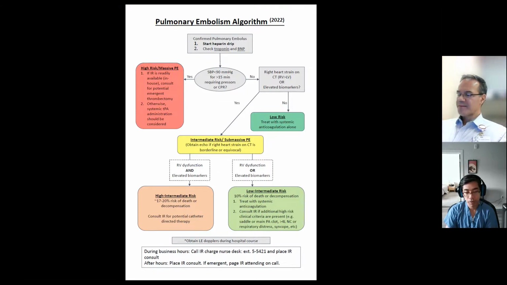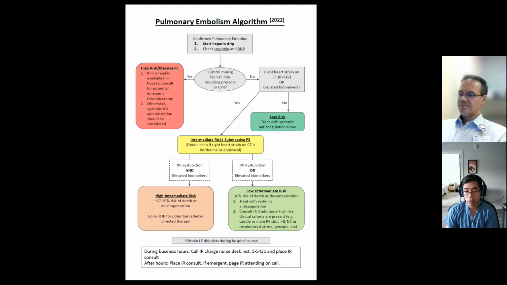Yeah, that's right. So certainly if there's both right ventricular dysfunction and elevated biomarkers, that's a little bit more concerning for us as interventionalists, and we would recommend consulting us at least for potential catheter-directed therapy. In this case, we do pretty much all Inari, the FlowTriever I mentioned, where we suck out the clot.